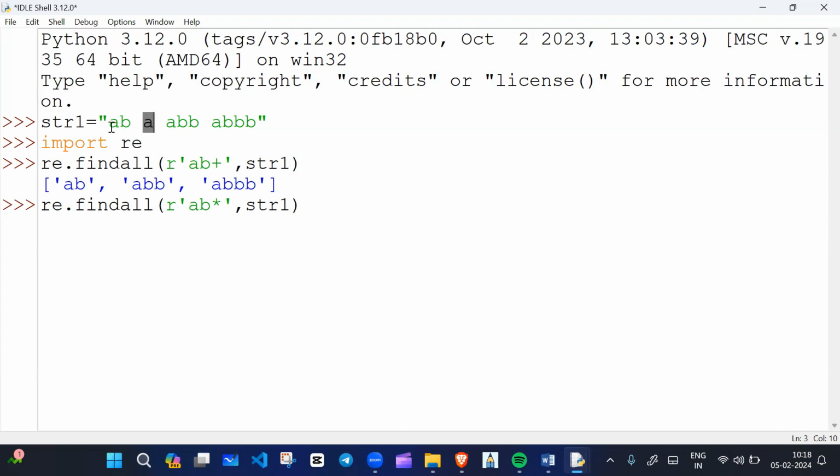It will consider a followed by b, a followed by double b, and a followed by triple b as well. So star means zero b could be there, but plus means at least one b should be there. If I run this, it is considering a with zero b, a with single b, a with double b, and a with triple b. But if we talk about plus, it will not consider a with zero b, but star does.